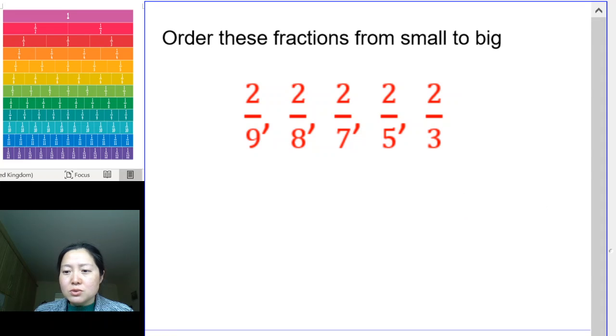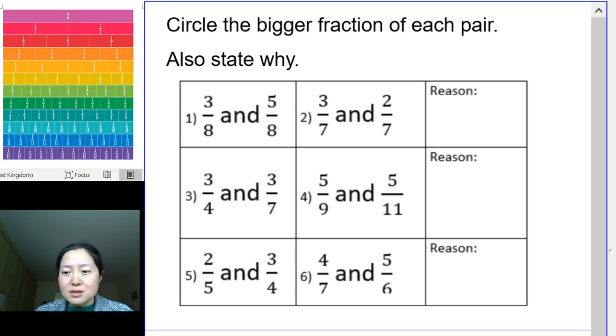Right, so what about you have a try at this set of questions, okay? You are to look at the pairs of each question and decide which fraction is bigger. And for each row, they have the same reason.